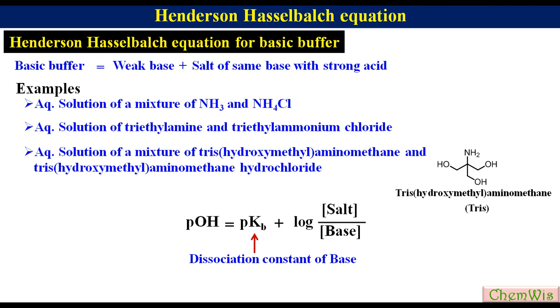So, after getting pOH from this formula, we can calculate pH from the relation pH plus pOH is equal to 14.